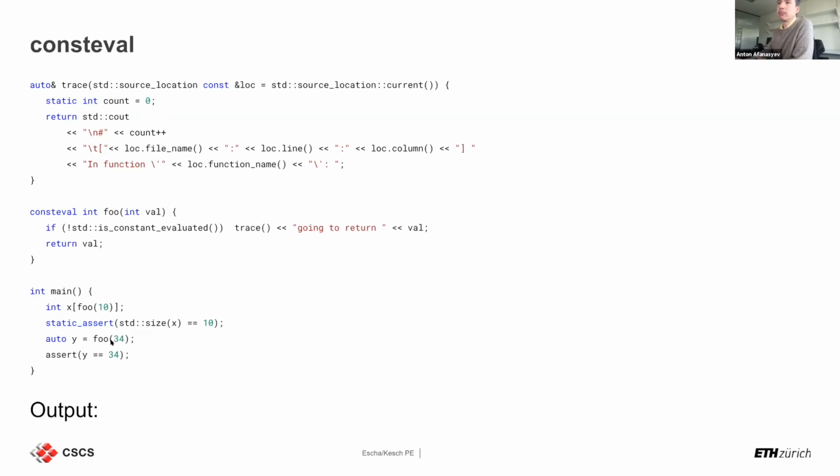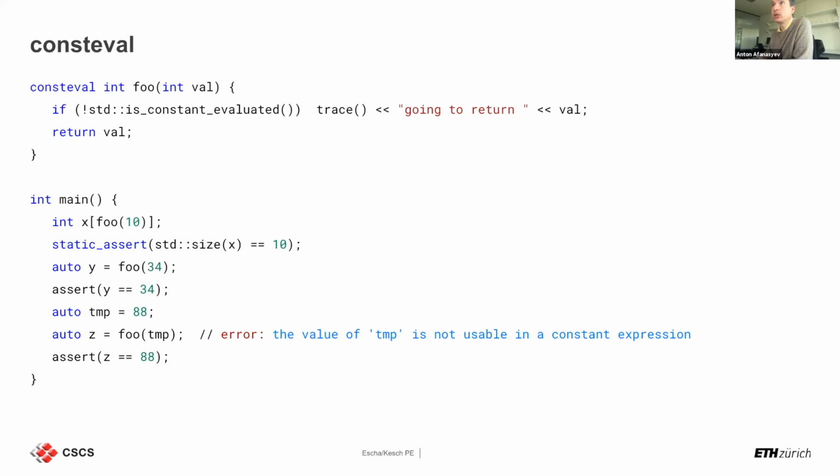So, but luckily in this example it's possible because the argument is just a literal. But what if we try to modify this example and add this new function invocation that will take a runtime parameter.